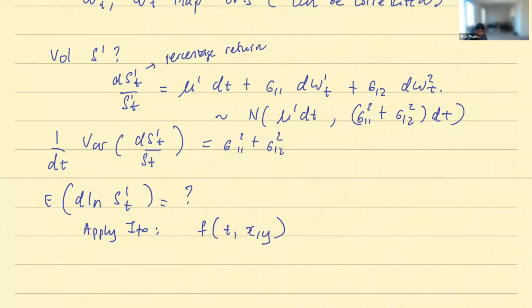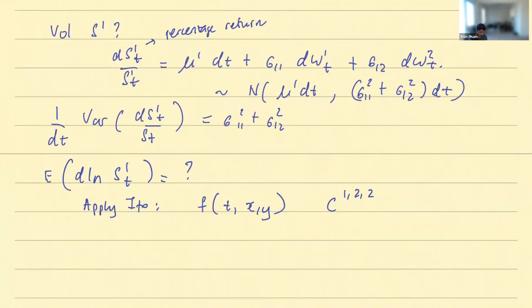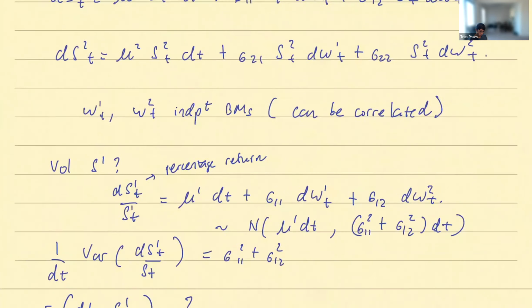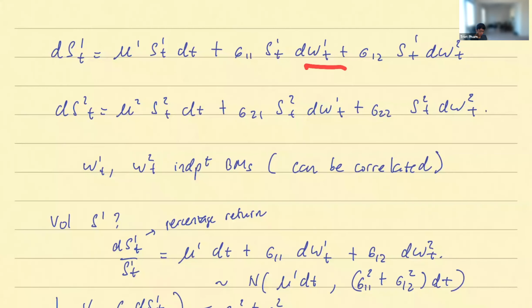So basically now you look at a function of 3 variables, once differentiable in time, twice differentiable in 2 space variables. We look at the d of this function in the 2 Brownian motions, because that's what we're dealing with here.